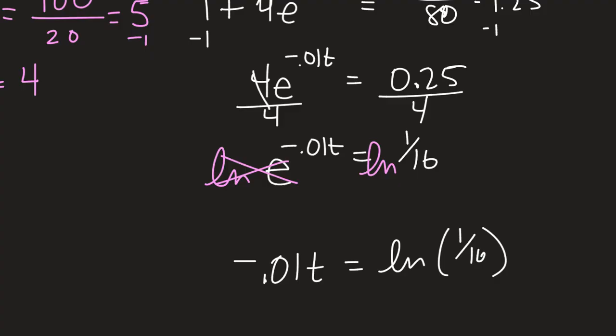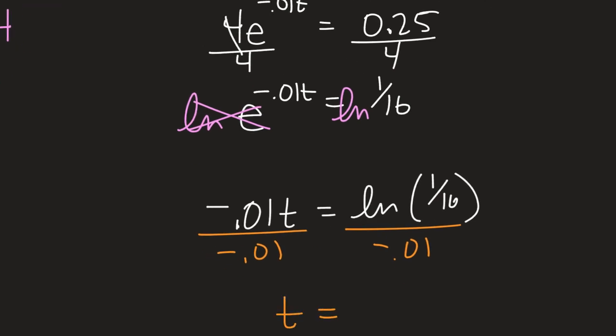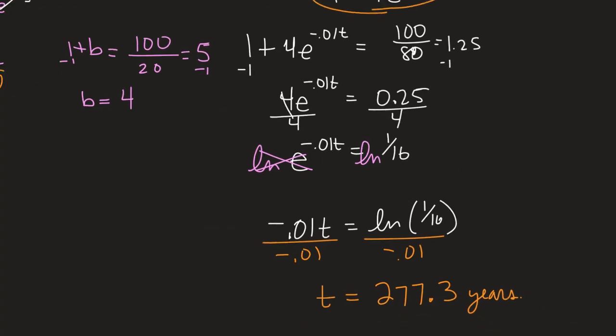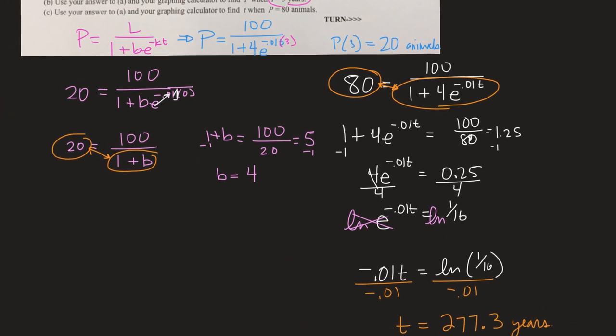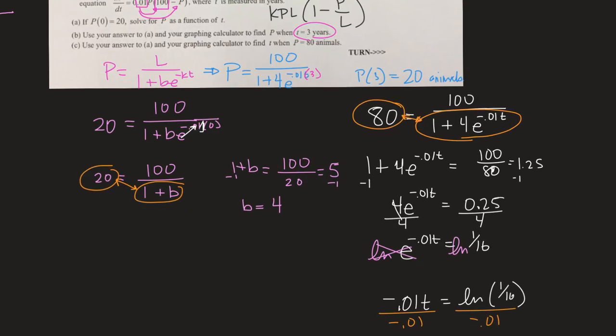And then our last step will be to divide by negative 0.01, which is fine because the natural log of a fraction is a negative number to begin with. So a negative divided by a negative is going to be a positive. How many years? 277.3. So that's the algebra that we use if we ever want to solve this for t when the question asks when there will be so many animals.